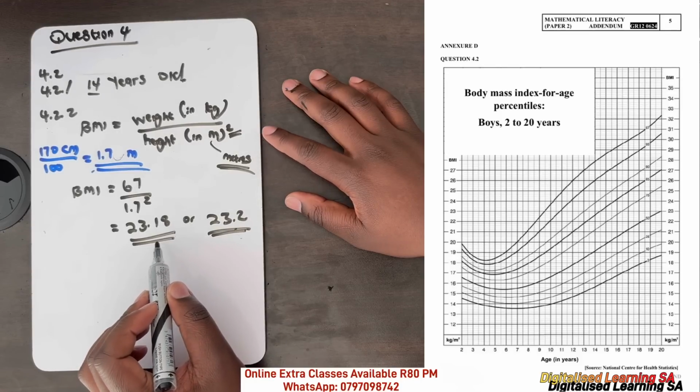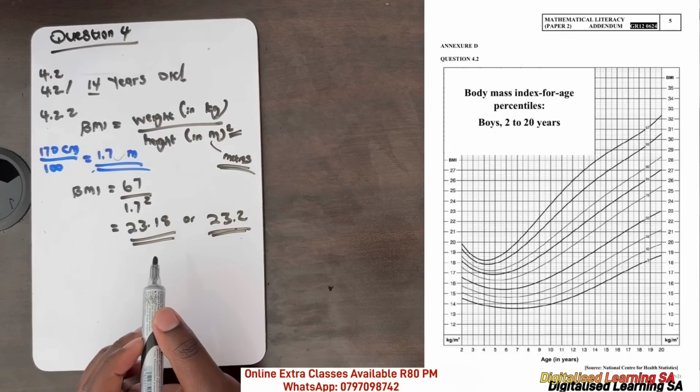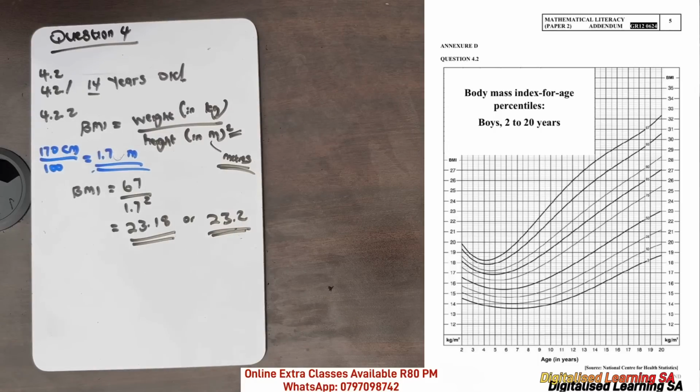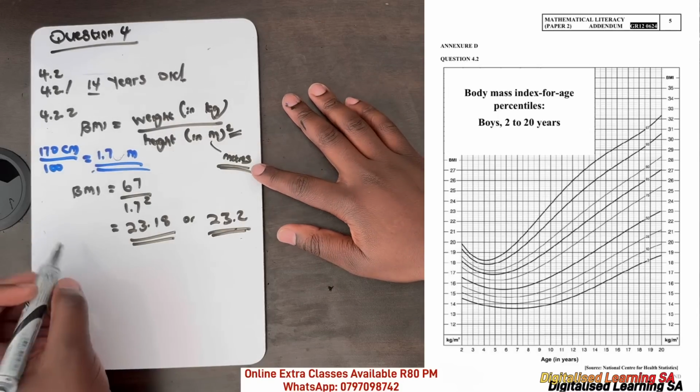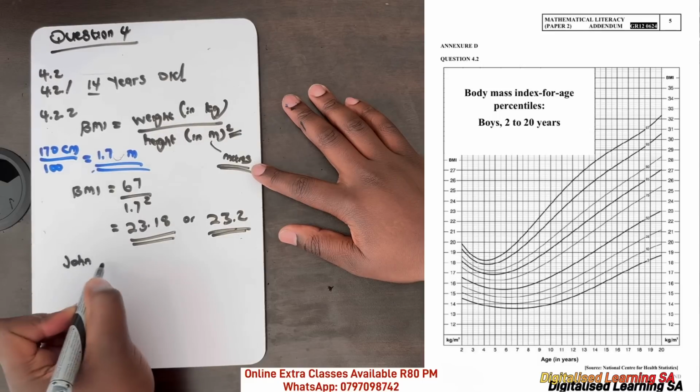If we check 23.2, we can see that it is between 50 and 75. And we know that for a person to be healthy, they need to be between the 5th and 85th percentile. So we can conclude that John is healthy.